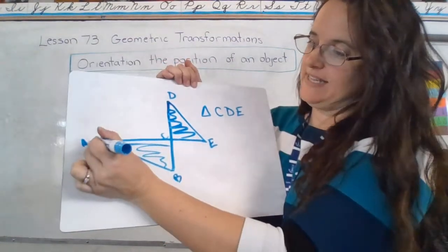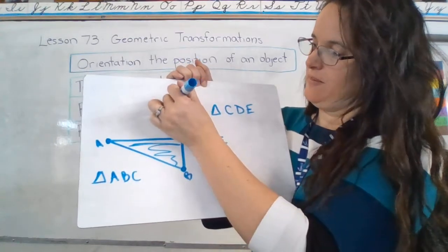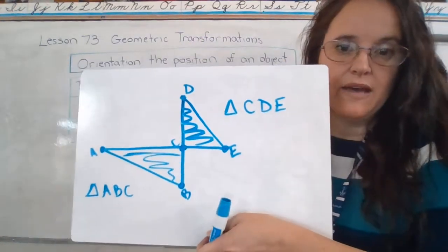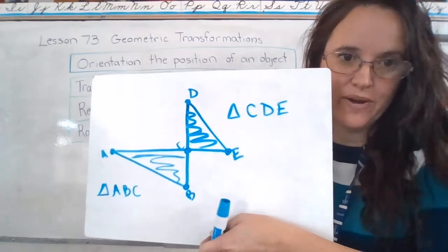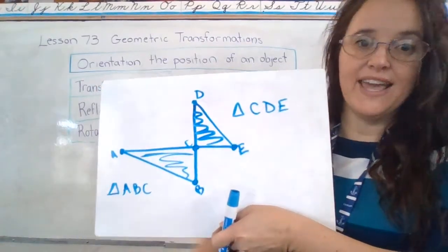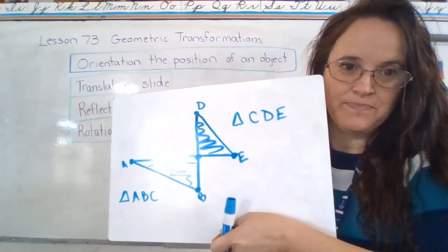So this is point A, this is point B, point C, point D, and point E. You name them according to what their 3 corners are, what their 3 points are. And we draw this little triangle in front, again, to show that it is a triangle that we're talking about.